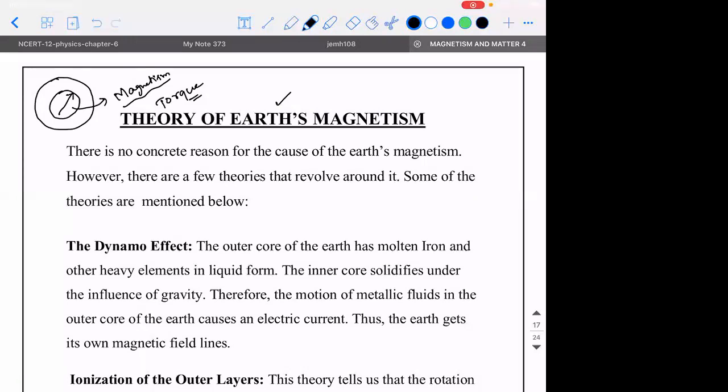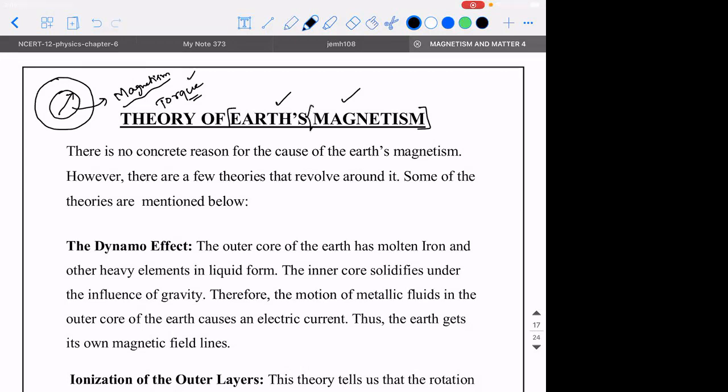Now, who's providing the necessary magnetism for this needle to experience the torque and revolve? That is what is done by the Earth's magnetism. That is what the topic is all about. Let's revisit the basics again.